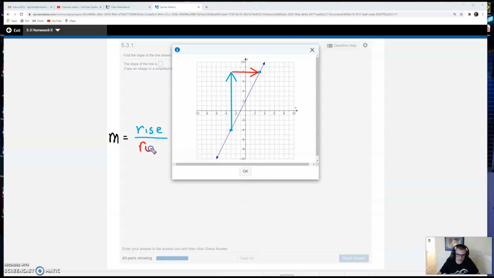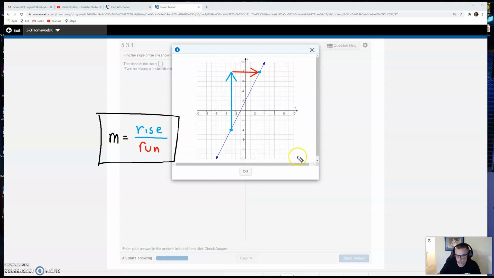That's called the run. So in every situation that we're going to look at, we always calculate slope by finding how much we go up or down, we'll see that in a second, and how much we go to the right. Now, we're always going to be moving to the right because we're reading our graph from left to right. But there are situations where we might be going up or down here.